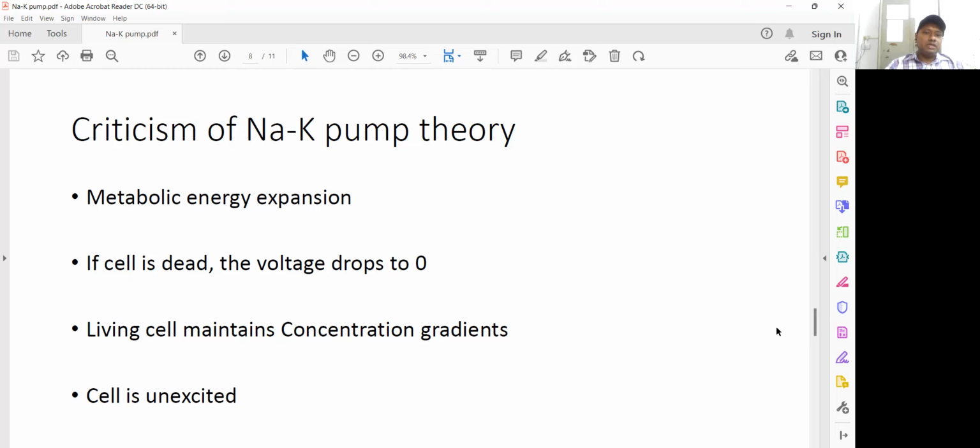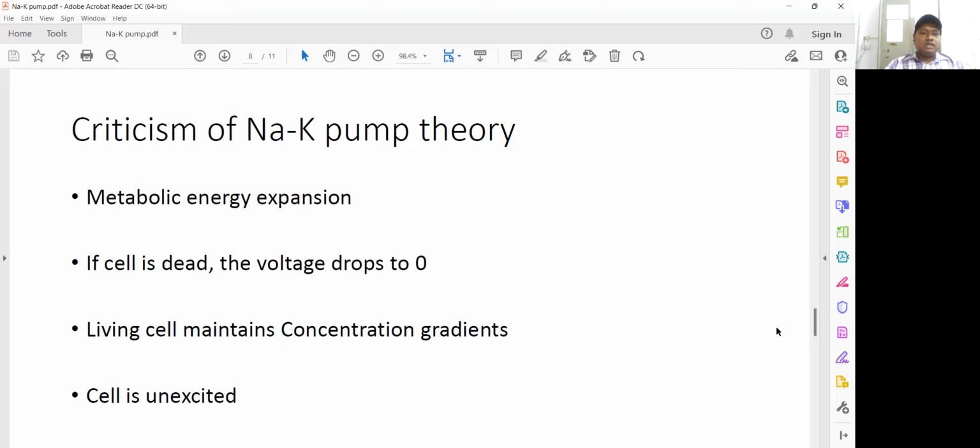Now the living cell maintains the concentration gradient, and due to that gradient, after applying the Nernst potential, we get a voltage of exactly 90 millivolt, which we take as inside negative and outside positive arbitrarily.